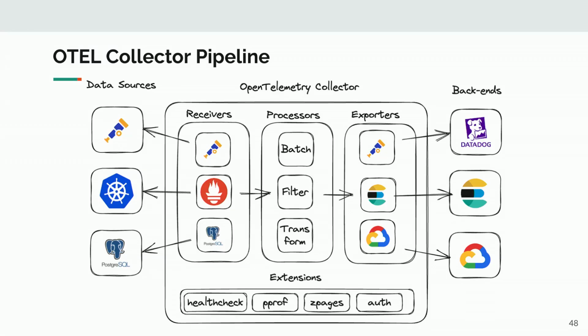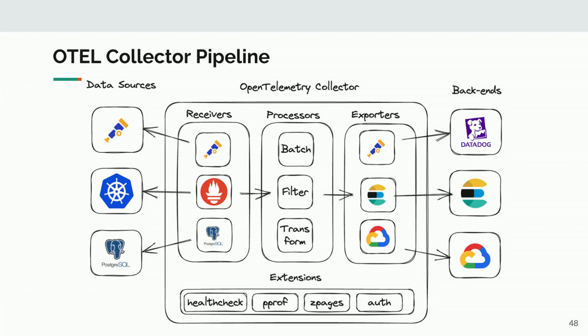Yeah. OpenTelemetry receivers can be designed in two ways: push or pull, or they could be push and pull at the same time, depending on the implementation. For example, the Prometheus receiver would be a scraper, which is a pull one. Exactly. And another one could be the opposite, like listening on a port. Okay.